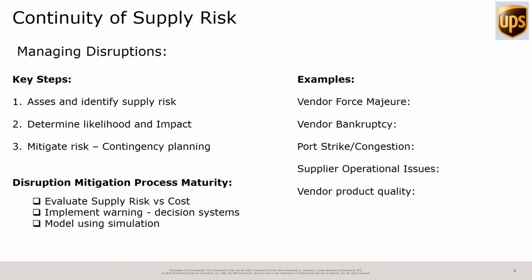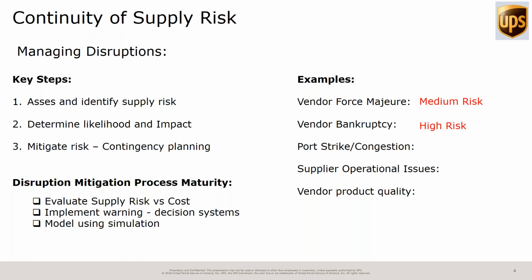So let's look at a few examples of determining the likelihood and the impact. When we think about vendor force majeure, it's really like a medium risk where the likelihood is low, depending on how much due diligence you would have done in onboarding the vendor. When it occurs, the impact would be high. So overall, it's a medium risk versus a vendor bankruptcy.